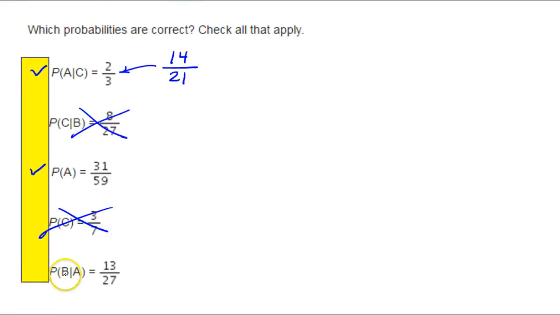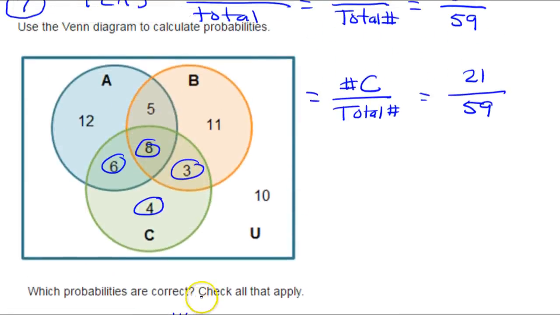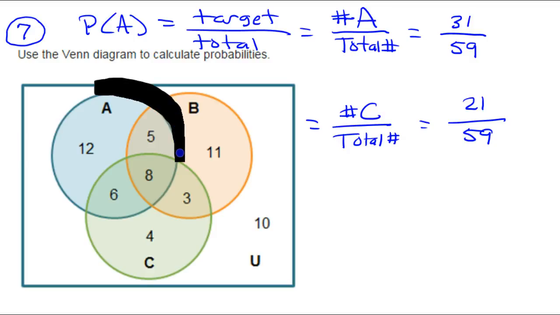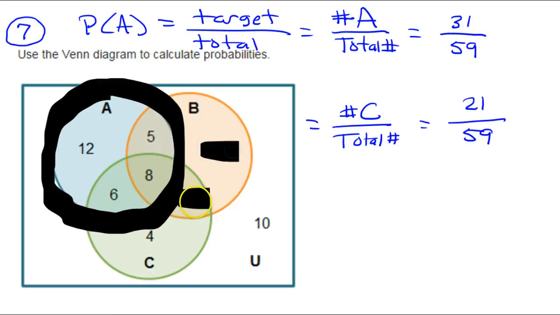Now, the probability of B given A. Given A, that means A is the universe. Gotta love it. Alright, let me just clean this up a little bit. So if A is the universe, that means everything else goes away. A is the universe, so forget about all these other numbers.